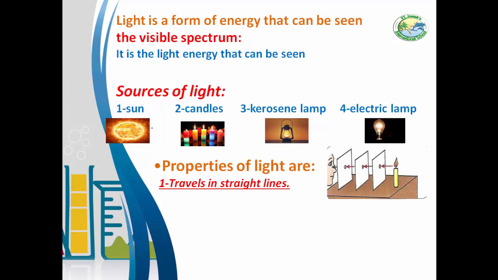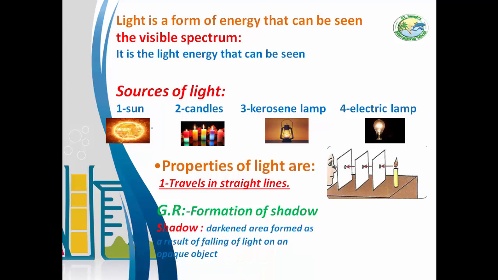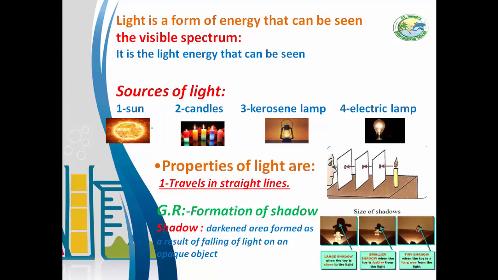And as a result of light traveling in a straight line, we can say that the formation of shadow is a result of light traveling in a straight line. What is shadow?